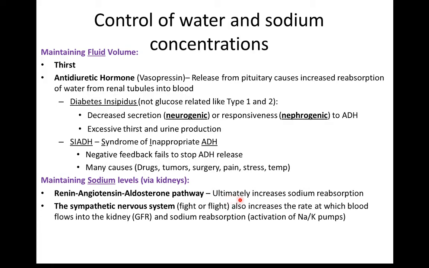And when this pathway is triggered, it ultimately increases sodium reabsorption. The sympathetic nervous system, fight or flight, also increases the rate at which blood flows into the kidney, and triggers the sodium reabsorption through the activation of the sodium-potassium pumps.